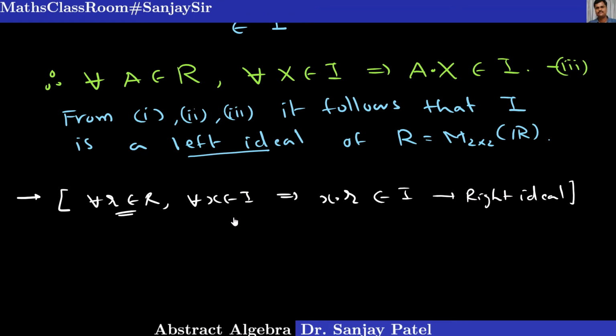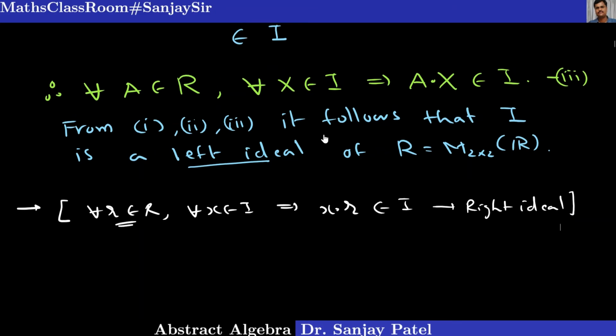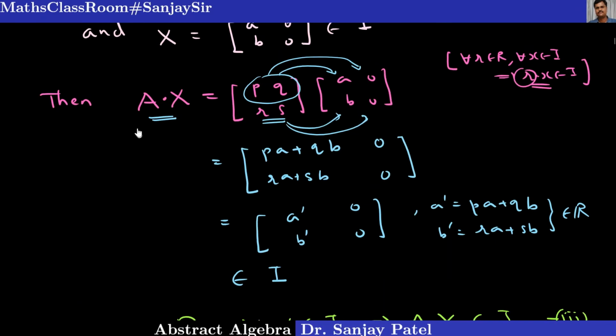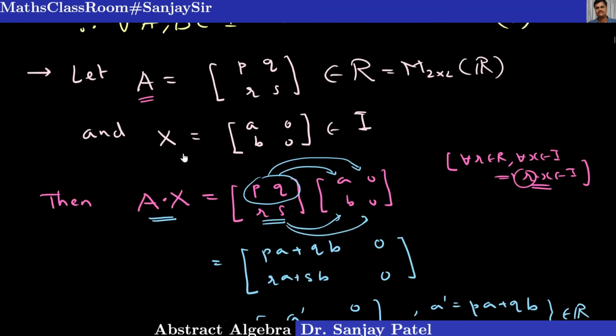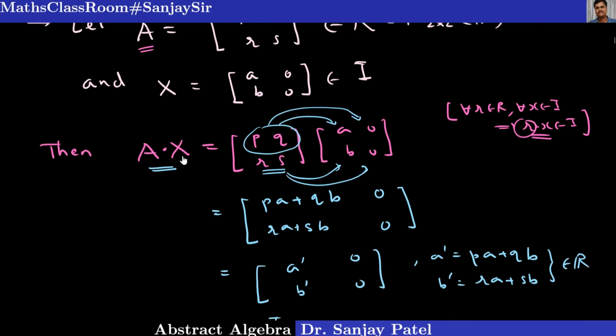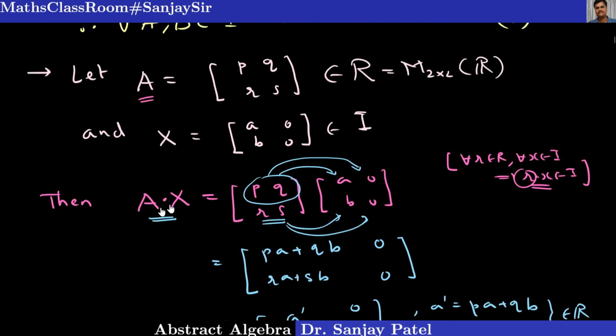Now to show that this is not true, because you want to prove that a given set I is not a right ideal, I will be taking the same two elements, because the first condition is already there. You know what the right ideal definition is. The second condition, I will be proving that it is not true. So I will consider the same A and X, and instead of A into X, now I should consider X into A for checking the right ideal condition.